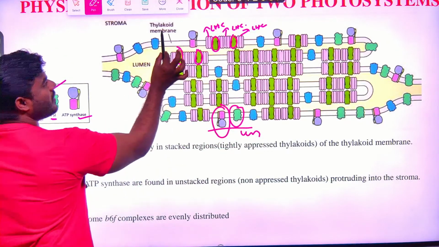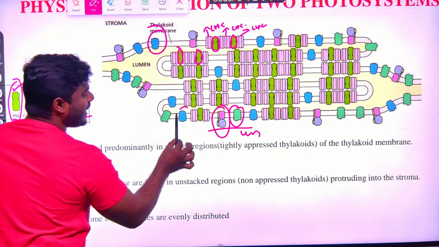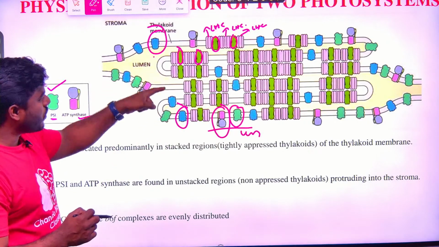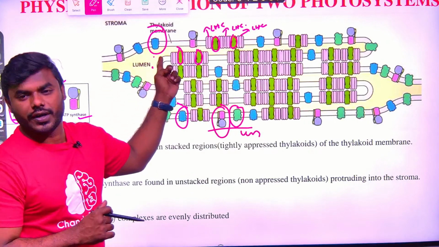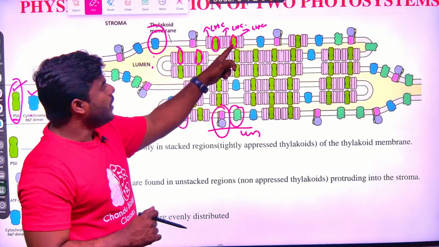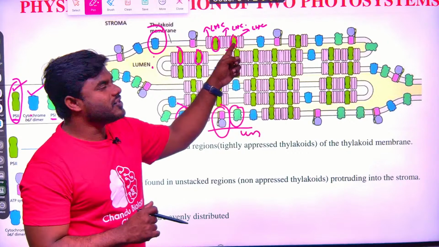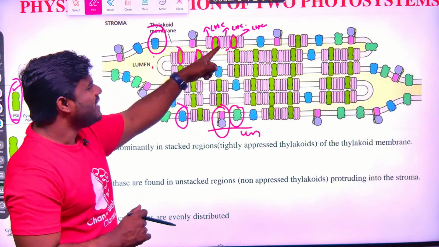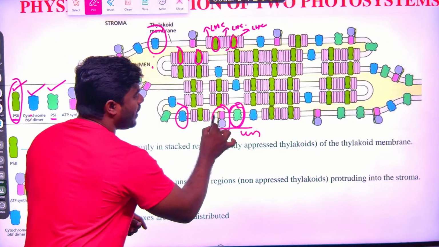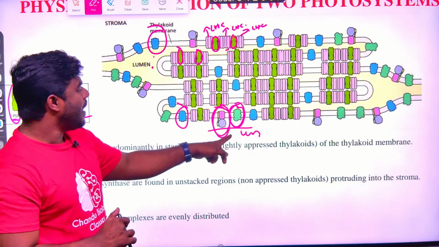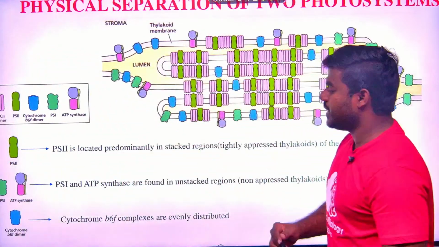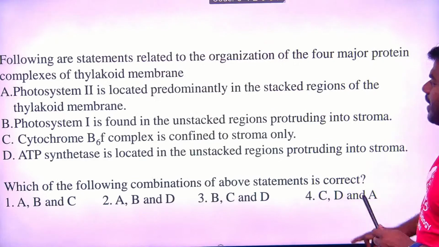It is present on the tightly appressed as well as the non-appressed regions, so we can say cytochrome b6f is evenly distributed. PS2 is located in the stacked regions, or tightly appressed thylakoids. PS1 and ATP synthase are located on the unstacked region or loosely appressed thylakoids. This is how they are arranged.